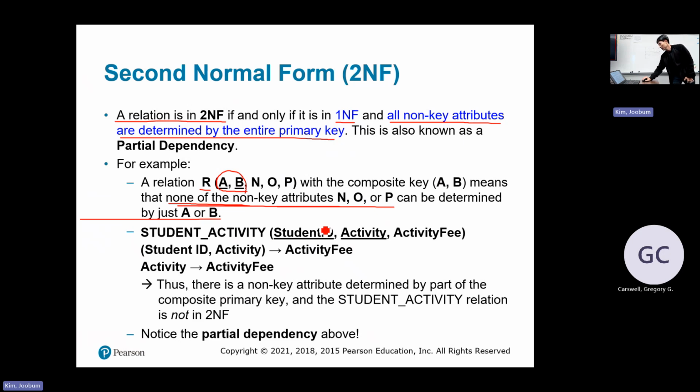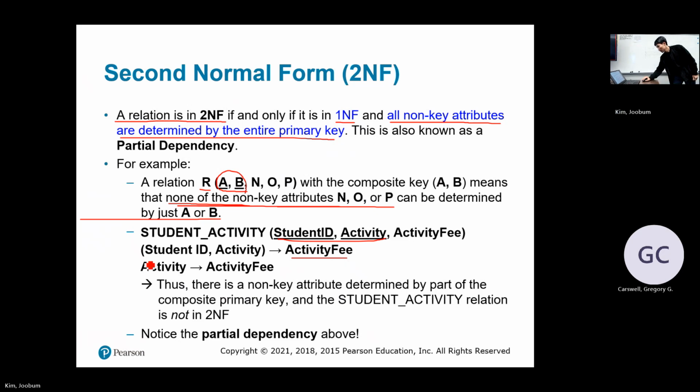How many columns? Student ID, activity, activity fee. So student ID and activity is a composite primary key. This composite primary key determines what? The non-key attribute, activity fee.